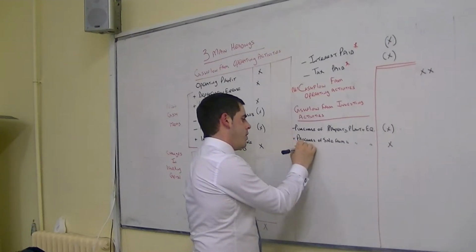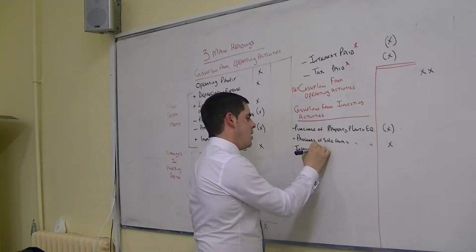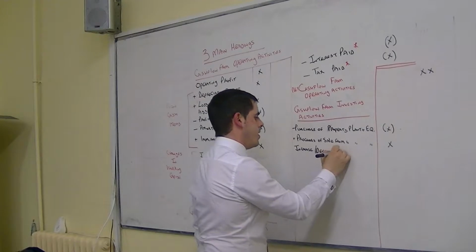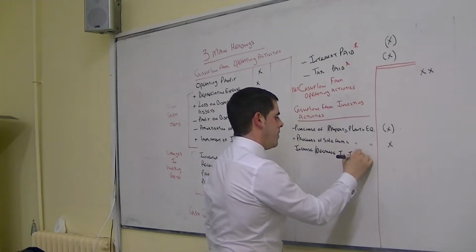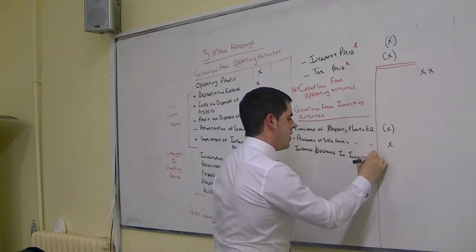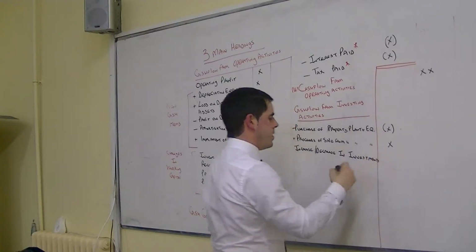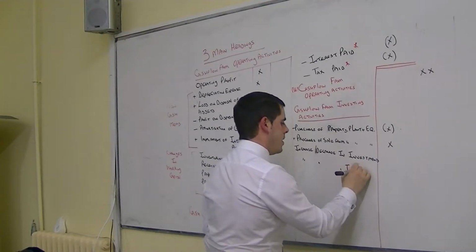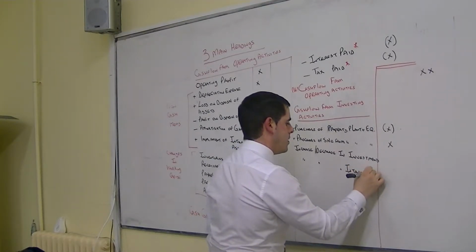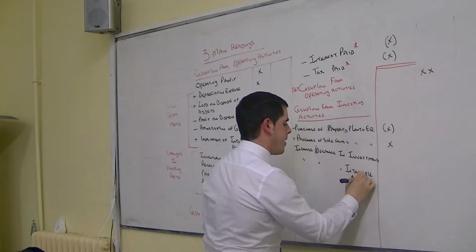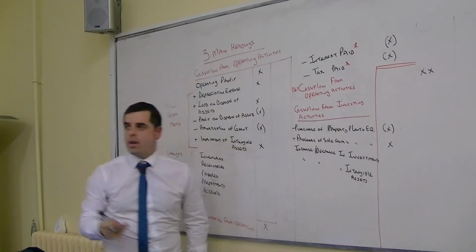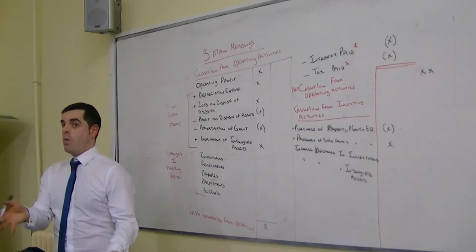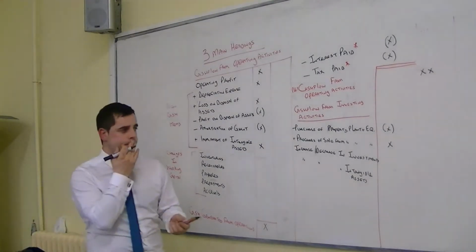just watch out for increase or decrease in investments, okay? So have your investments gone up or down? And also increase or decrease in intangible assets. So like, if we were talking about goodwill earlier, particularly after acquiring that, so that should go in there.